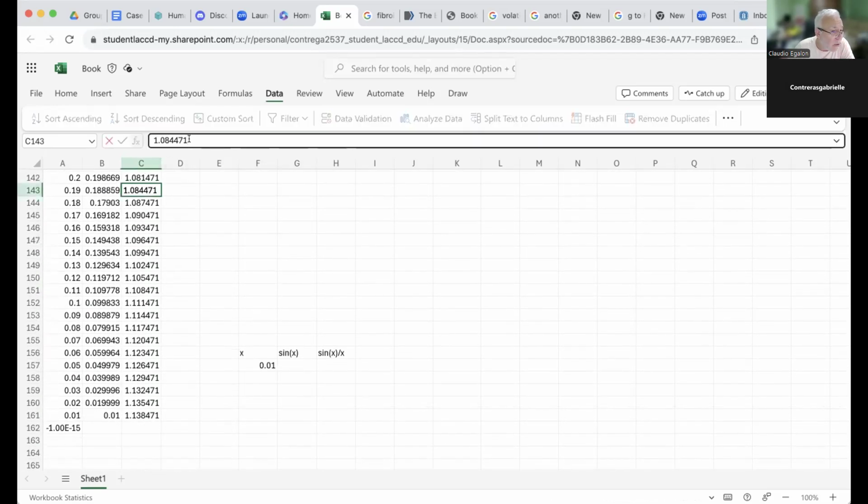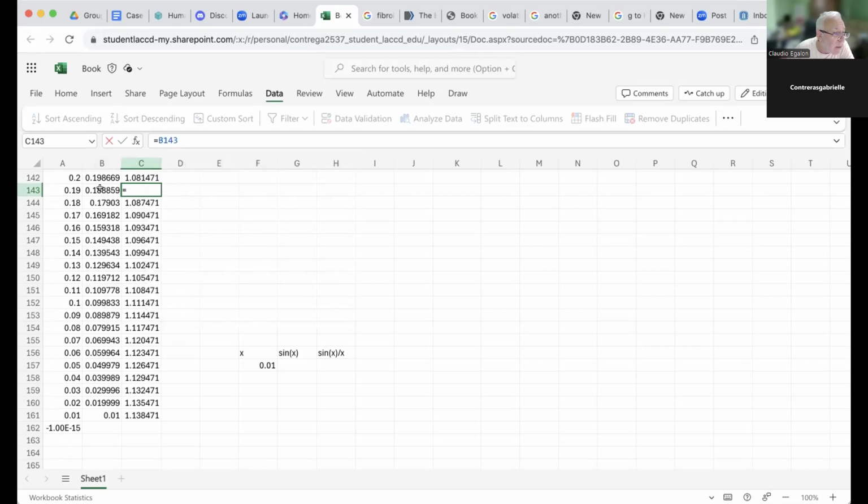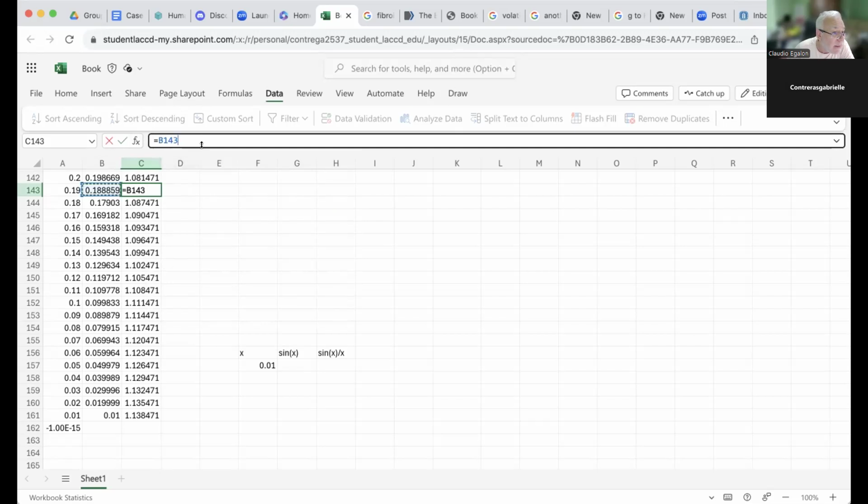See, in this third column, you don't have the formula. You just have the numbers. I do not know why. So equal. No, don't write sine. Equal. Erase the sine. Now click the cell to the left of that. Divided by the other cell, 0.19. Good.